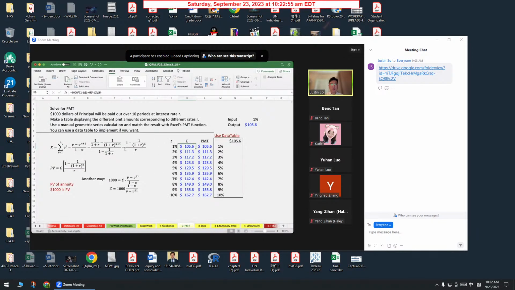We're not using v here anymore, but r. You plug that in, you rearrange it, so it becomes this, ultimately. This is a geometric series, but with a finite term. We have 10 years.